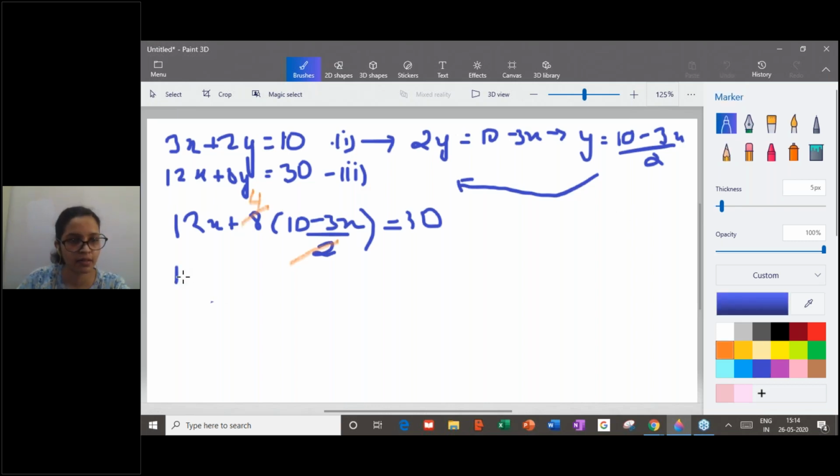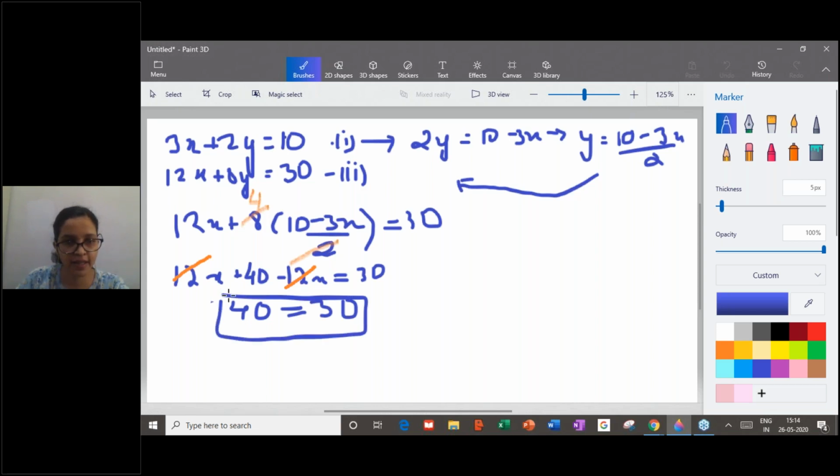So I get 12x plus 40 minus 12x is equal to 30. And again, this and this get cancelled. So you get 40 is equal to 30. This right here is a statement.